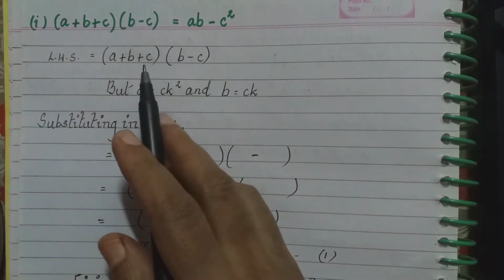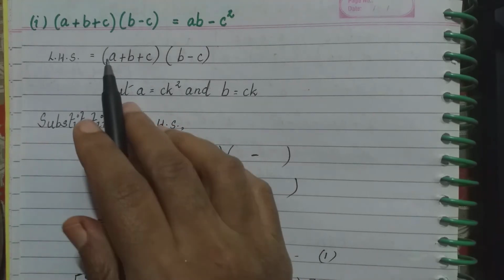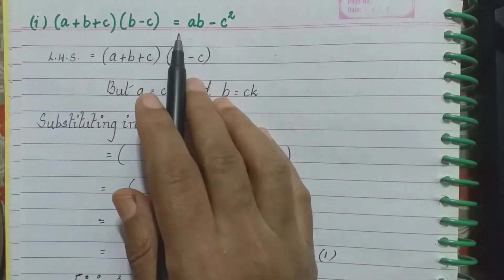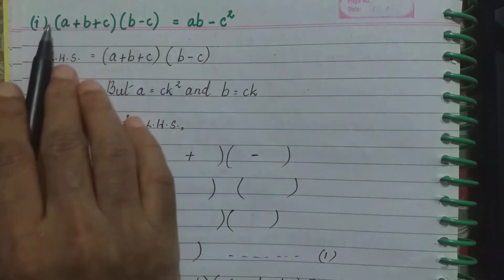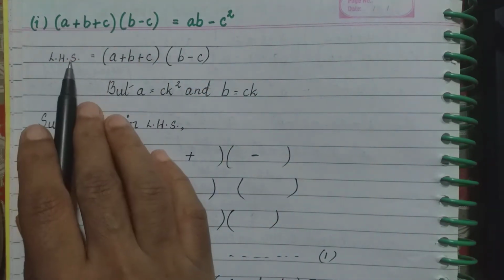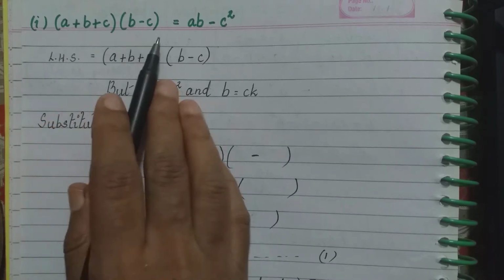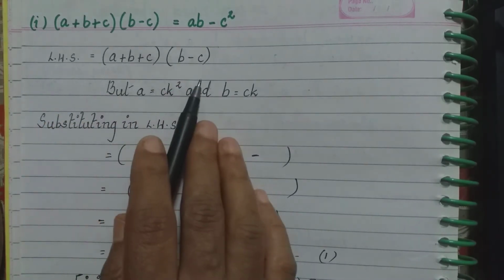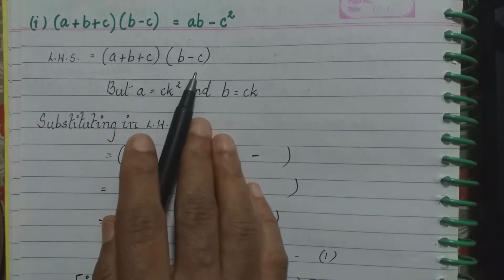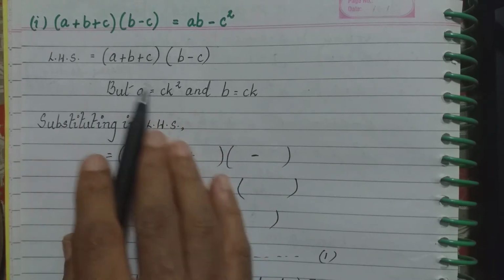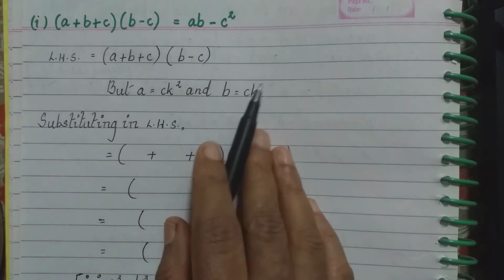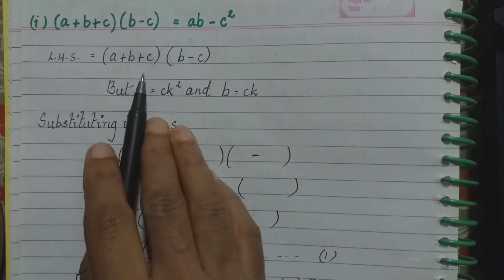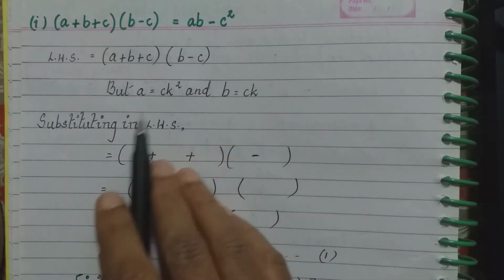Now coming to the first sub question in 5, (a plus b plus c)(b minus c) equal to ab minus c square. First we take the left hand side, which is (a plus b plus c)(b minus c). Now we are going to substitute in place of a ck square, in place of b ck, and in place of c, c itself.